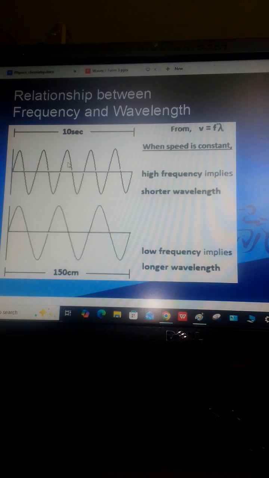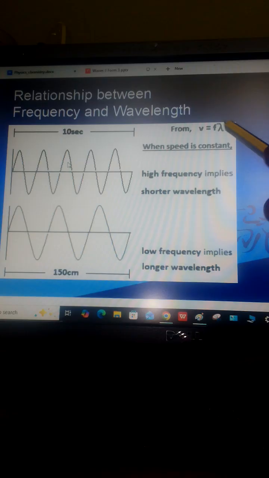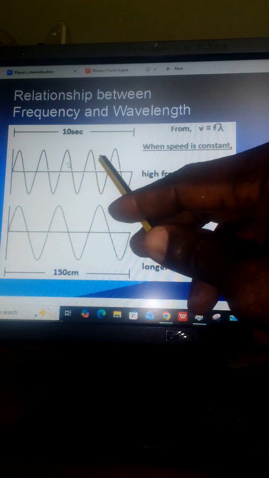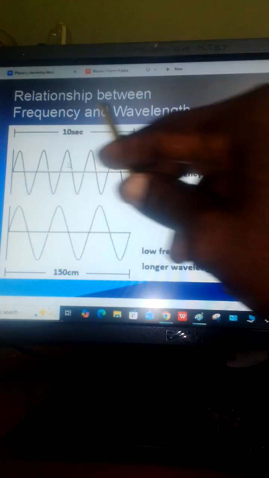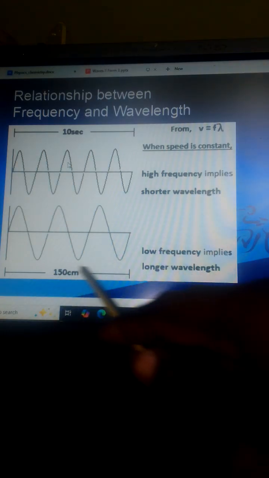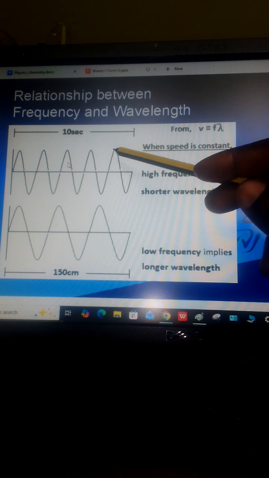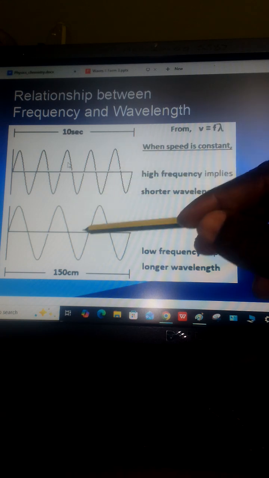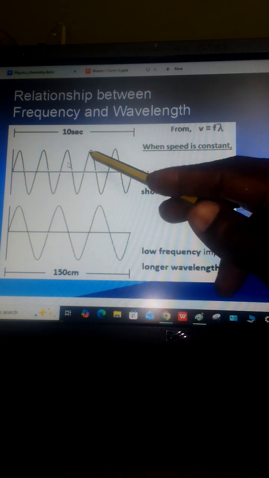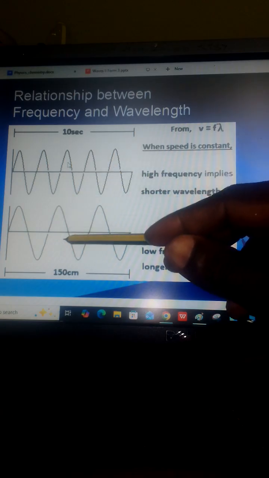The first diagram shows that within the same time, in 10 seconds, the distance is 150 centimeters, we find that this wave makes more cycles per second than this one here. So this wave has higher frequency than this one here.